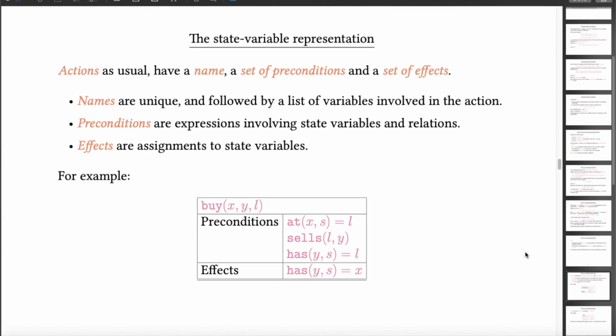So here we're saying that x buys y in location L. And the preconditions for this to be able to happen are that x is at L, that L sells y, and that L is actually the current owner of y. And the effect will be to modify the ownership of y so that the owner of y becomes x.